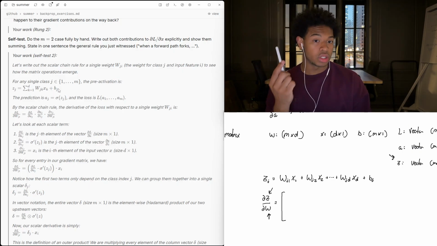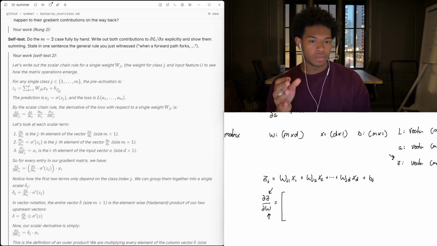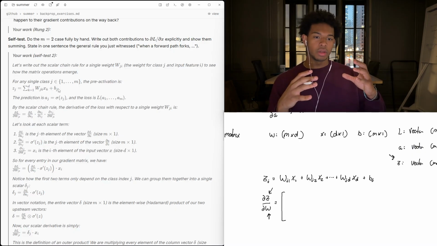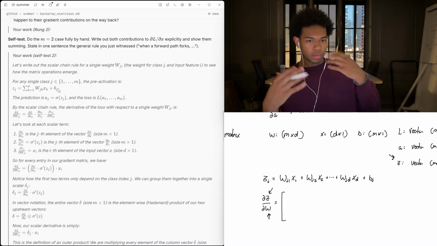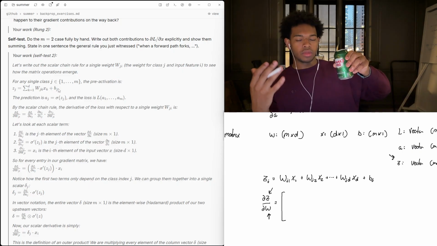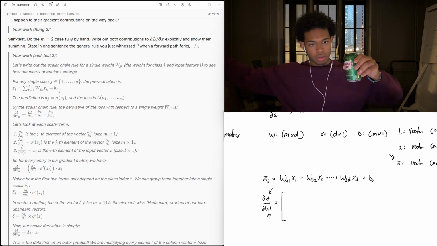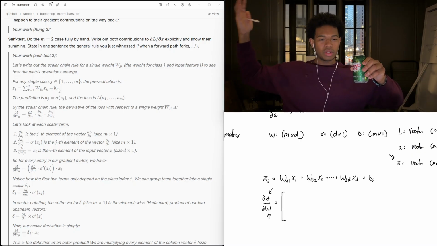This is a choice on shape: we want the derivative to be the same shape as W, because we're using the denominator notation so that we can do descent, a gradient step.